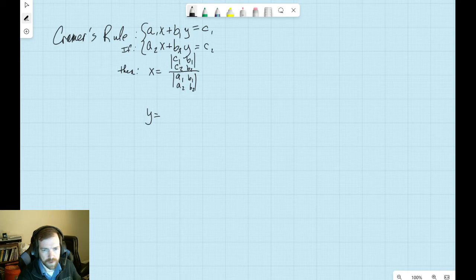And y is equal to the determinant of a1, c1, a2, c2, over the determinant of a1, b1, a2, b2.